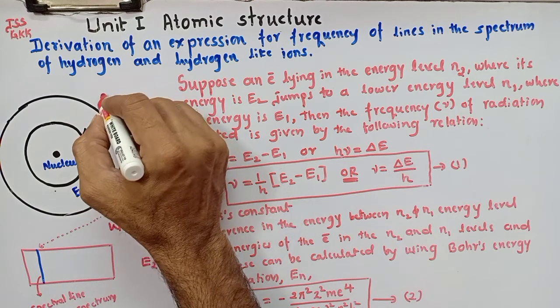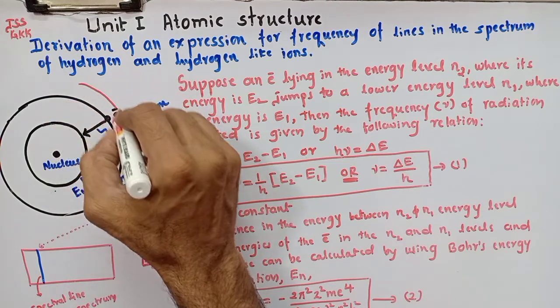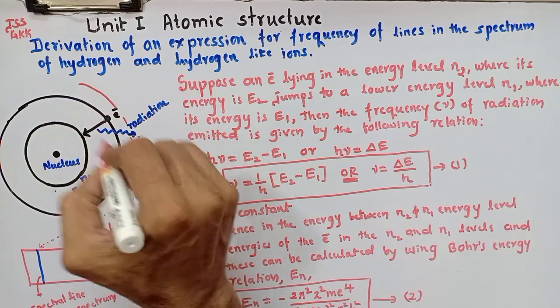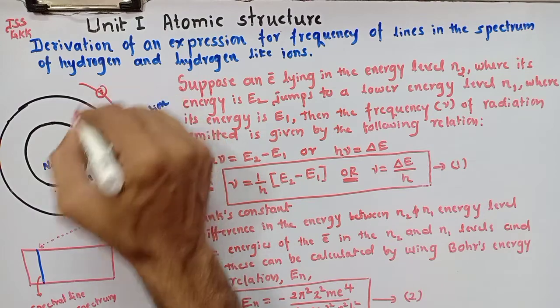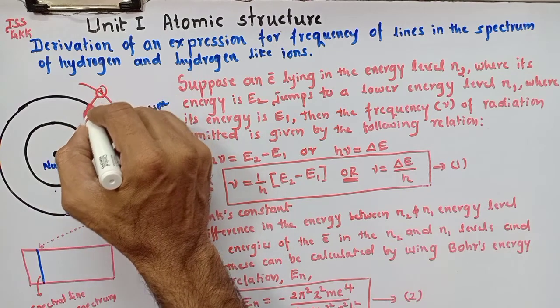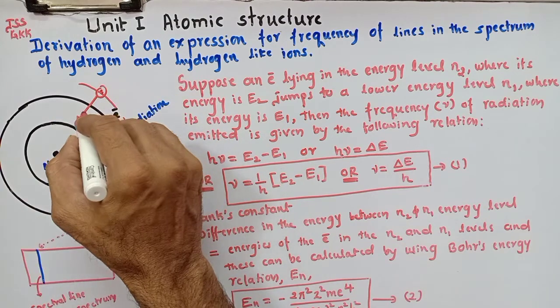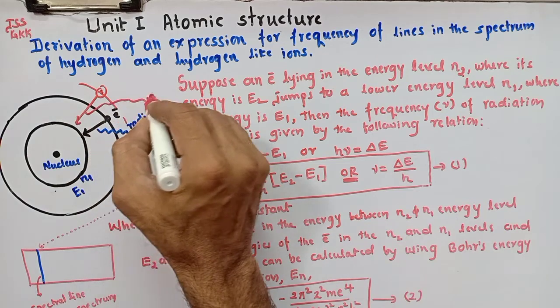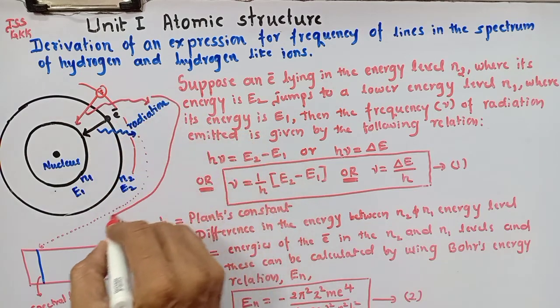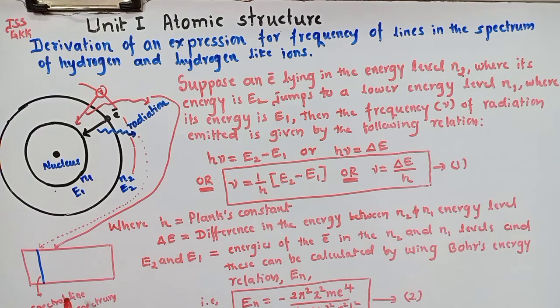Now, if one more electron is present in another orbital or energy level, and it jumps to the next lower energy level, it will again emit radiation, and this radiation, if allowed to fall on a photographic film, will give one more spectral line. This is how spectral lines appear on the spectrum.